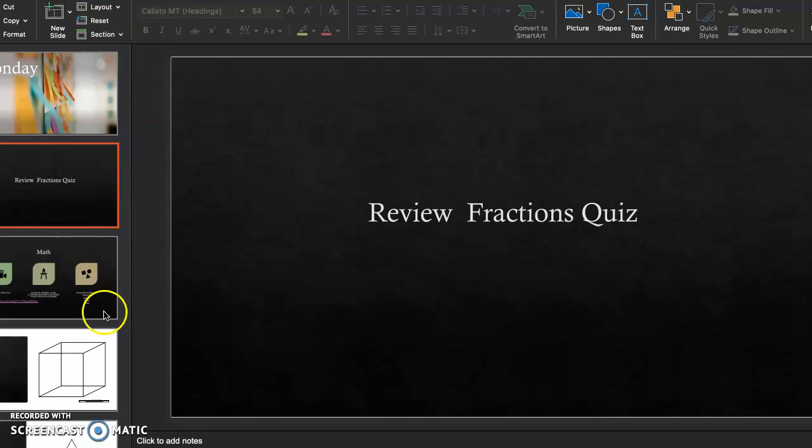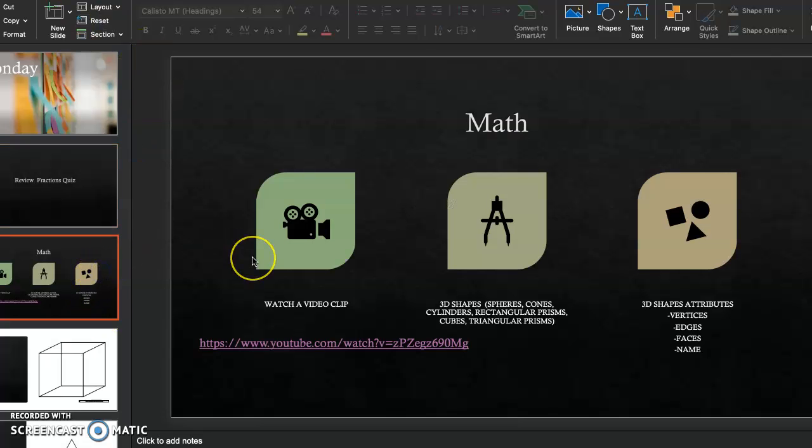Okay, so now we're gonna continue. So we watched a video over 3D shapes, which is already posted on Google Classroom. And we talked about the different types of 3D shapes: spheres, cones, cylinders, rectangular prisms, cubes, triangular prisms, and of course there's more.